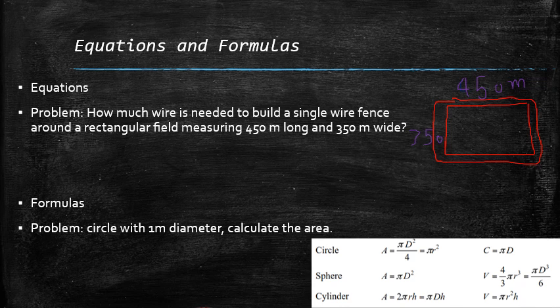The perimeter, or the length, is how much wire is needed. So the wire needed equals 2 multiplied by 450 plus 350.